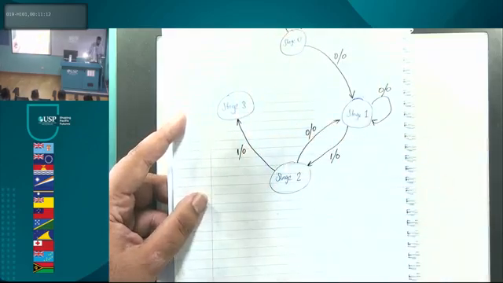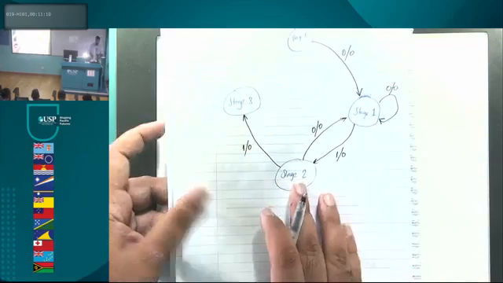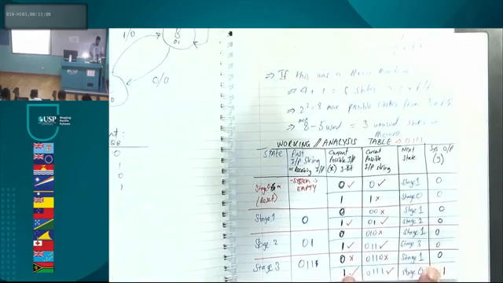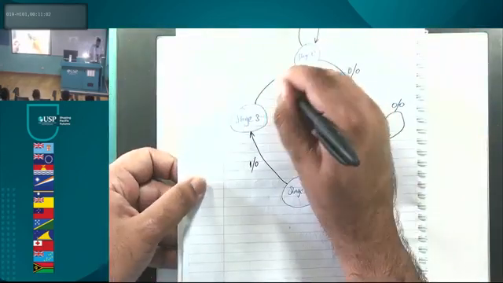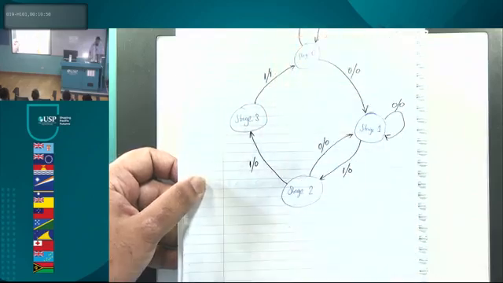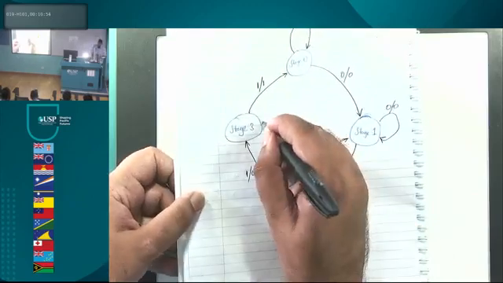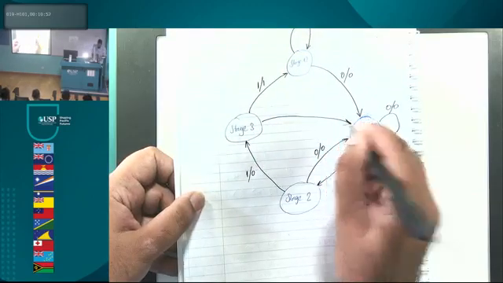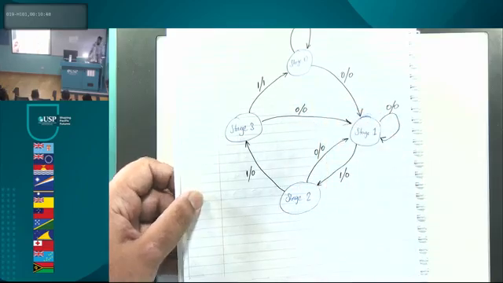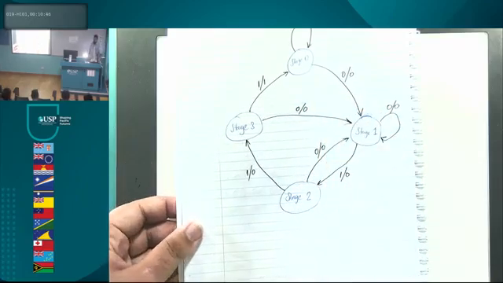Now, in the last case, stage 3. If input was 0, you went to stage 1. If input was 1, you went to stage 0, but with output of 1. Right? And the other one was... Have I missed out any of the other lines?